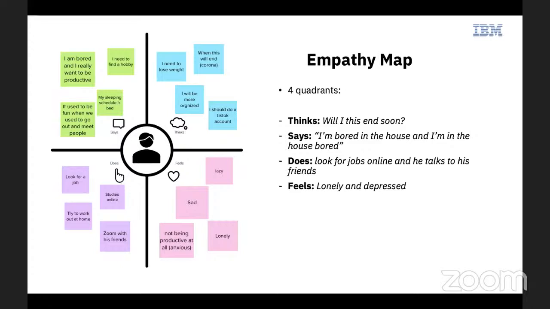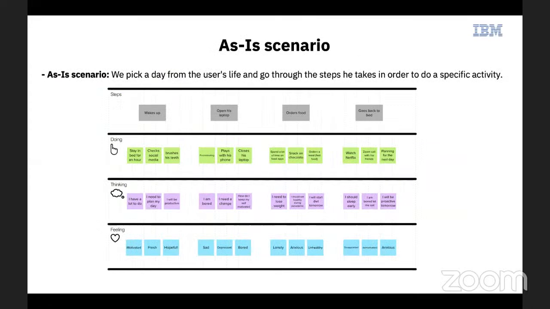Now, after we started knowing slowly what Yasser is all about and how he's thinking and how he's feeling, we go to the as-a-scenario. As-a-scenario is basically we pick a day where we can help Yasser, a day of his current routine, and see what issues he's actually facing and how he's dealing with them in order to find his exact pain points. As you can see here, we have steps of Yasser's day, a regular day.